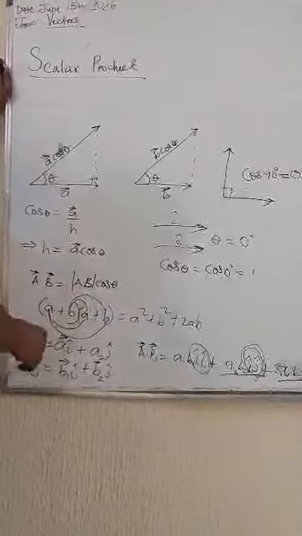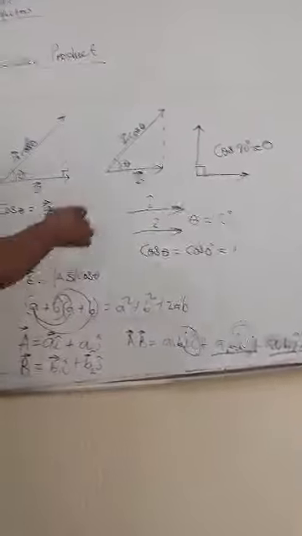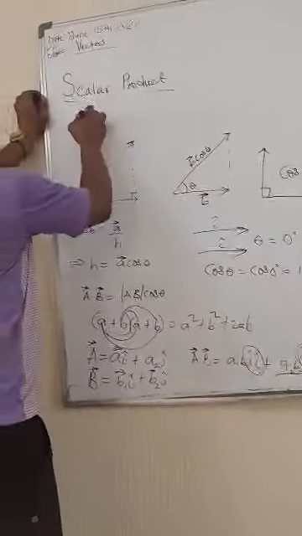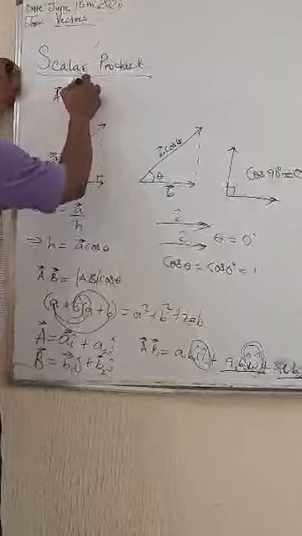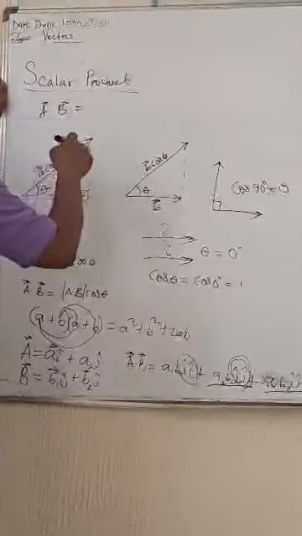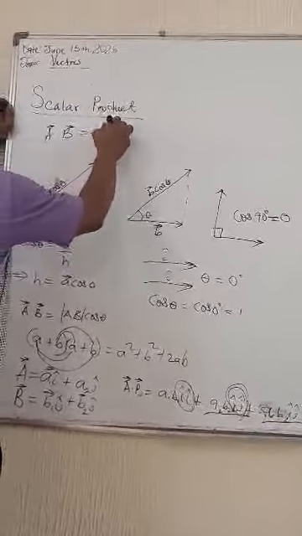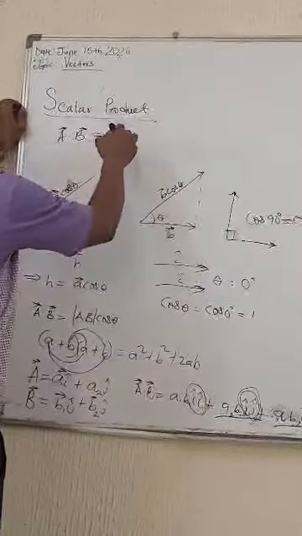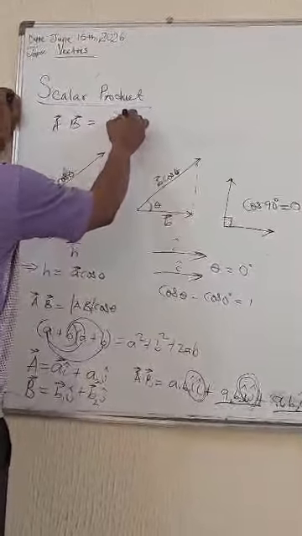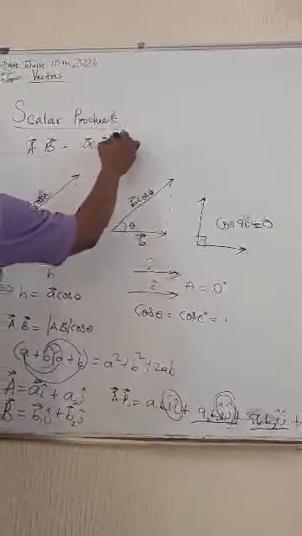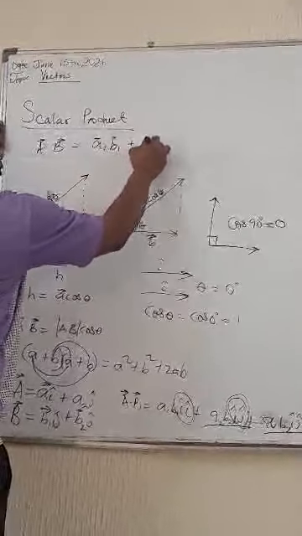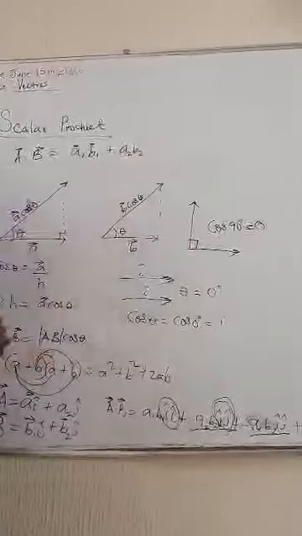Let me explain that point clearer. If we have vector A times vector B, we are going to have A sub 1 B sub 1 plus A sub 2 B sub 2.